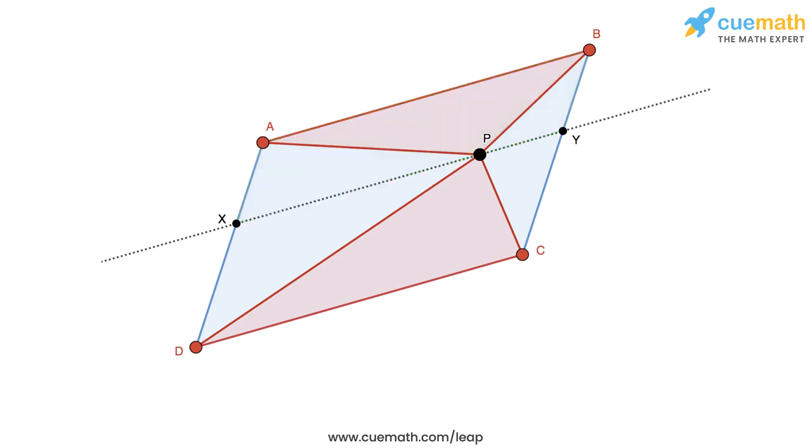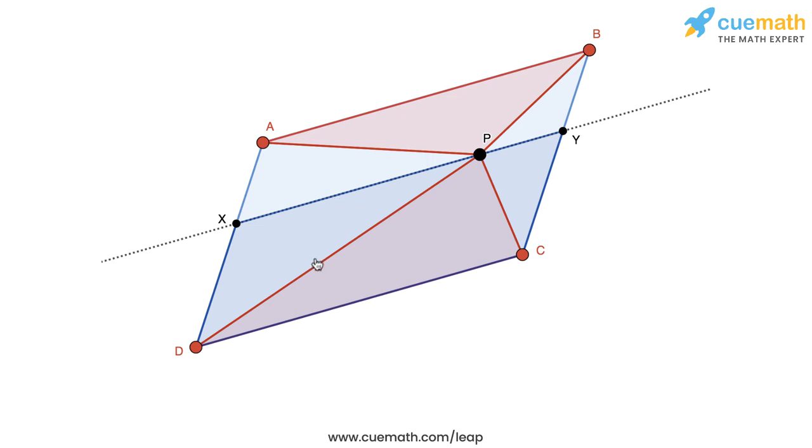Okay. Similarly, because XY is parallel to CD as well, to DC as well, we can say that the quadrilateral XDCY is also a parallelogram, and this parallelogram and triangle PDC are on the same base CD and between the same parallels XY and DC.